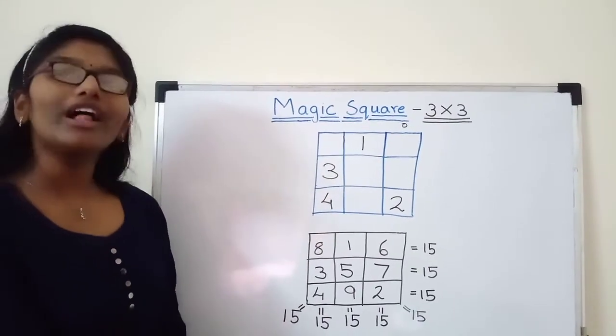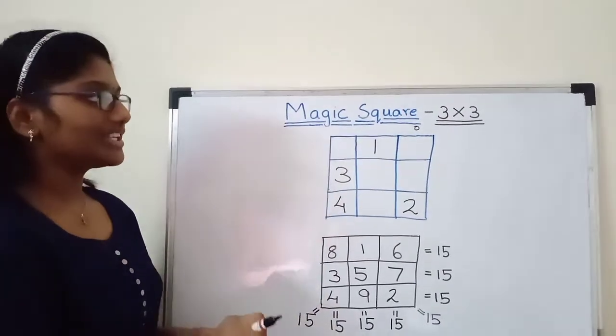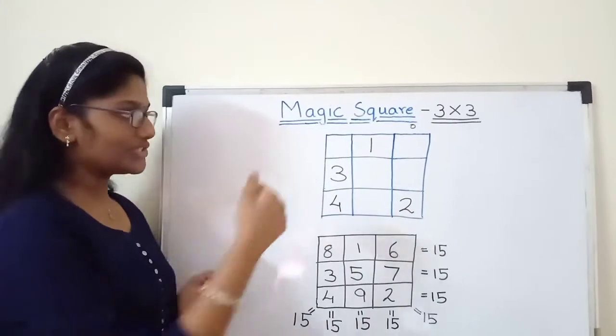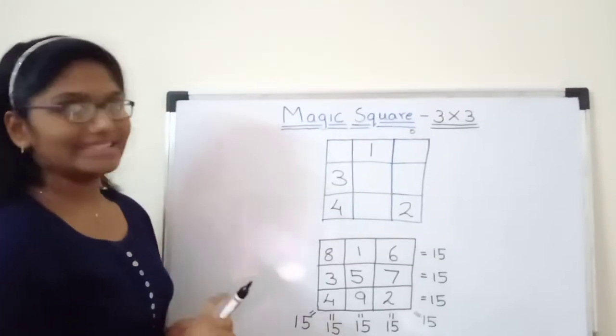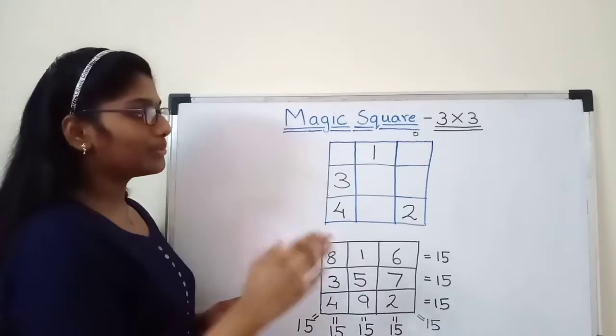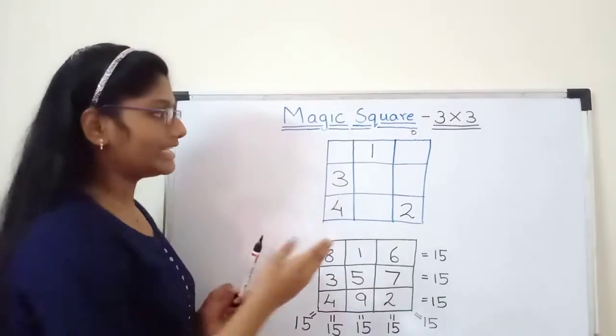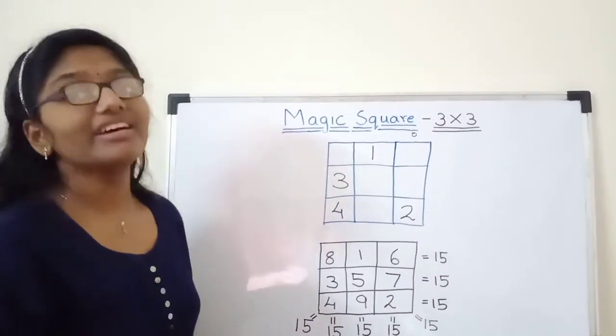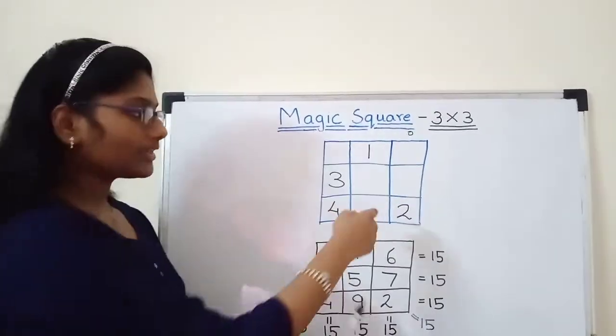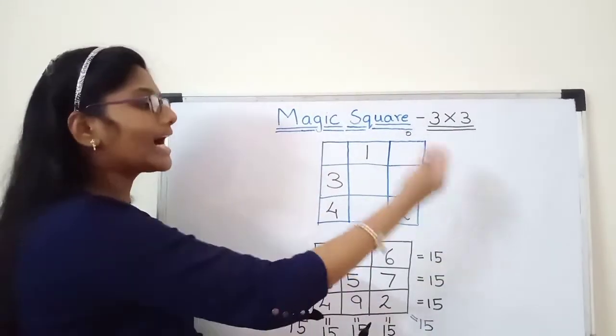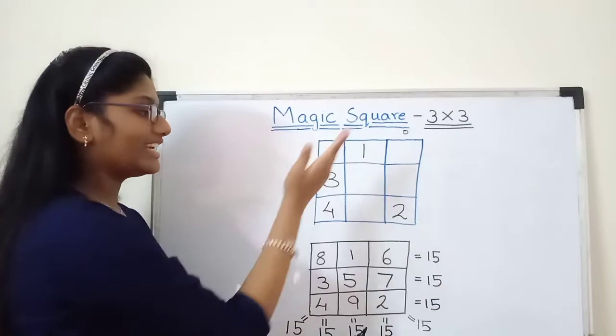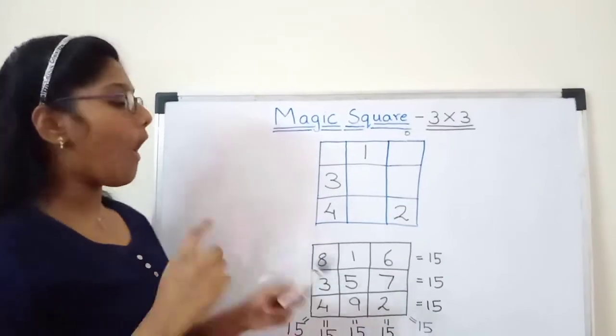Okay, I'll repeat all the 4 rules again. The first rule was to start from the topmost row, from the middle column. The second rule was to move diagonally towards the right. The third rule was that if the number is going out of the grid, we have to write it in the extremely opposite box.